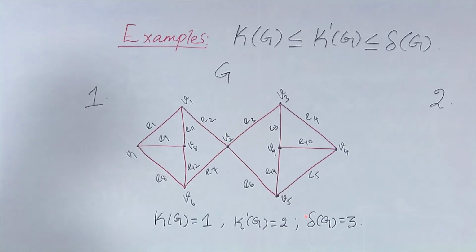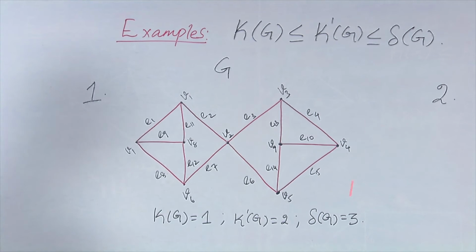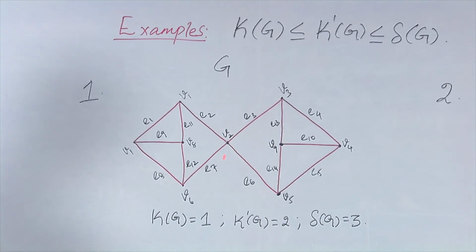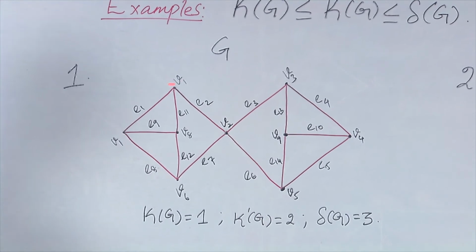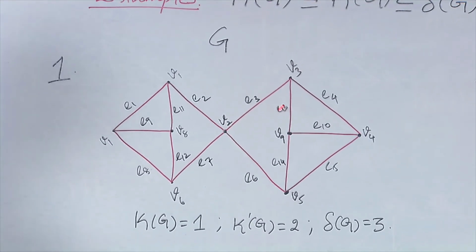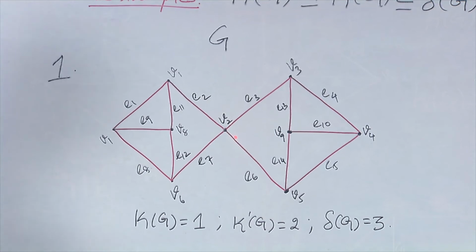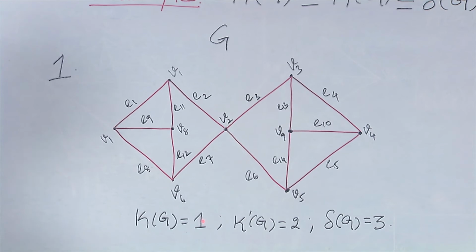Next, we are going to find kappa of G, that is vertex connectivity of this graph G. If you remove this vertex V2, that will give you two components, one consisting of this part, the other consisting of this part, which results in a disconnected graph. Therefore, it has a cut point, and the vertex connectivity of this graph is 1.